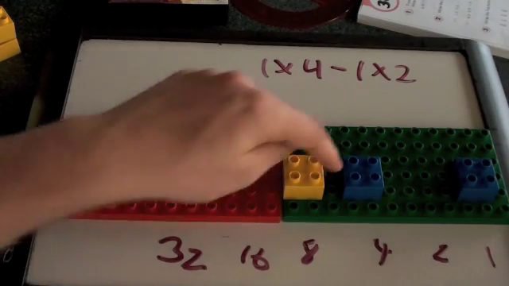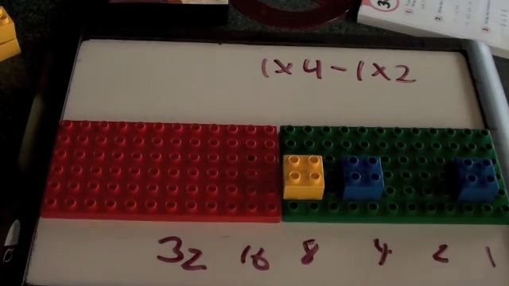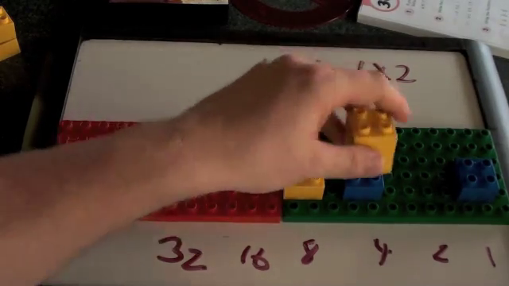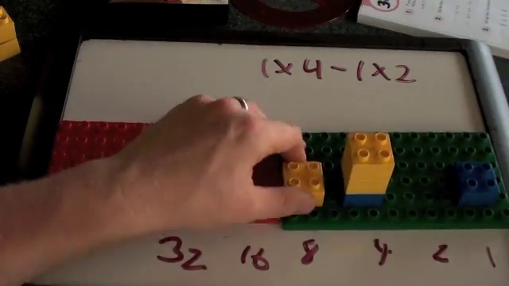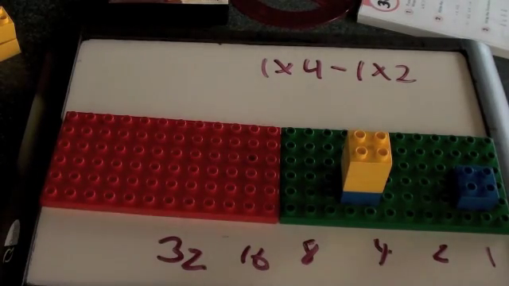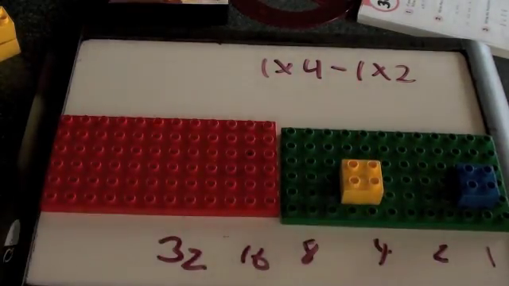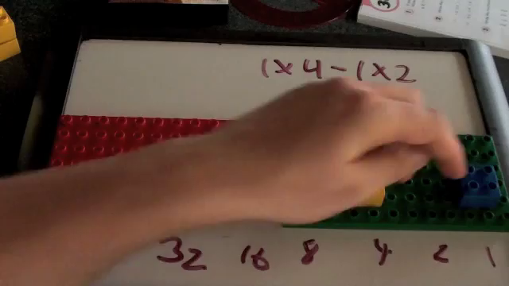So I have a blue block there, so I convert this yellow block in the 8th spot into 2 blocks in the 4th spot, like that. But you remember what happened when the yellow block touches a blue block? They disappear. So now I'm left with this. And now I have to deal with this blue block.